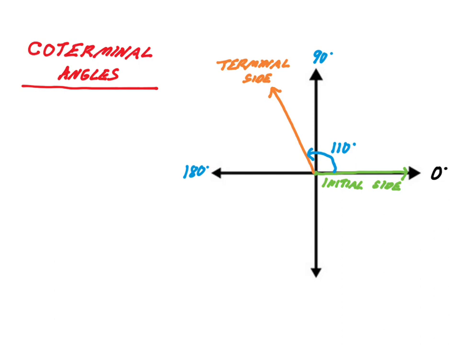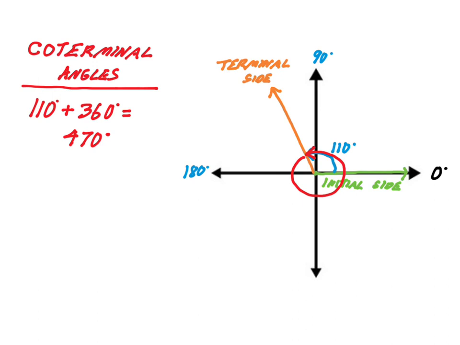So let's think, okay, if we have this angle that you see is 110 degrees, what if I went around the circle one more time? Well, to get another coterminal angle that's positive, I could add 360 degrees to that. So another coterminal angle would be 470 degrees.